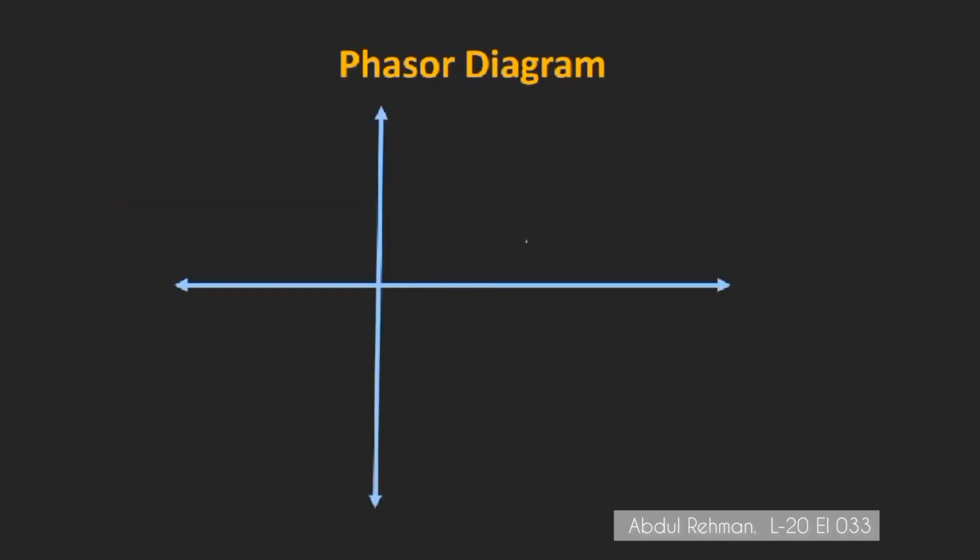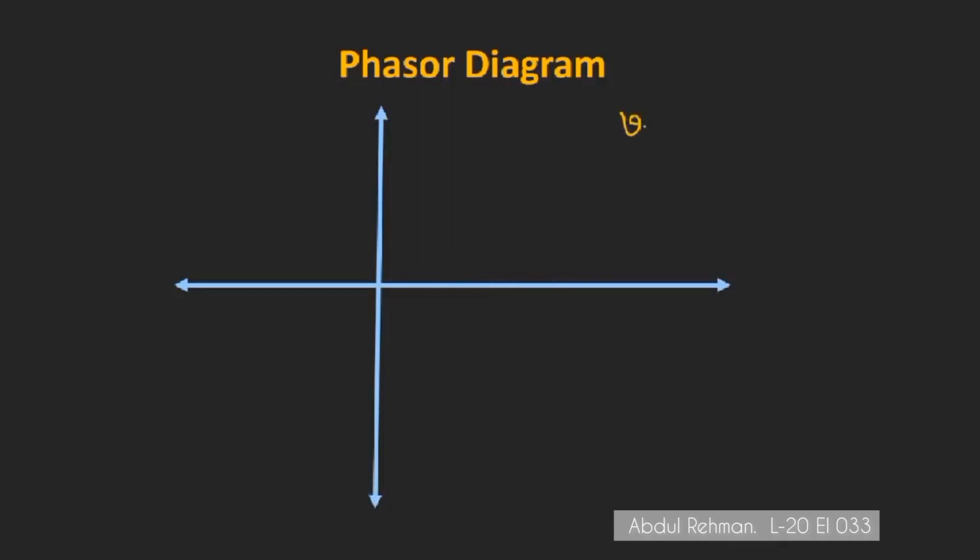On the phasor diagram, different AC sinusoidal signals having the same frequency but different amplitude and different phase are represented. While representing these phasors, we only represent them by their amplitude and initial phase.